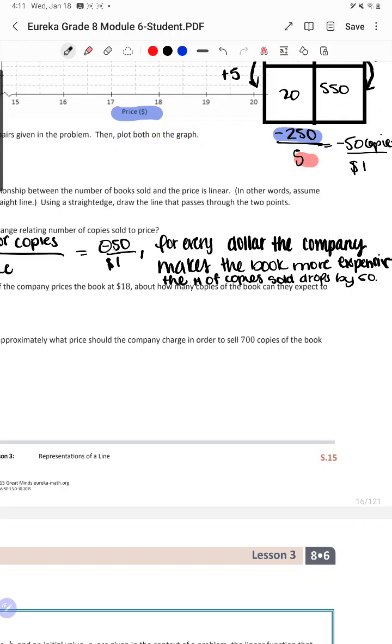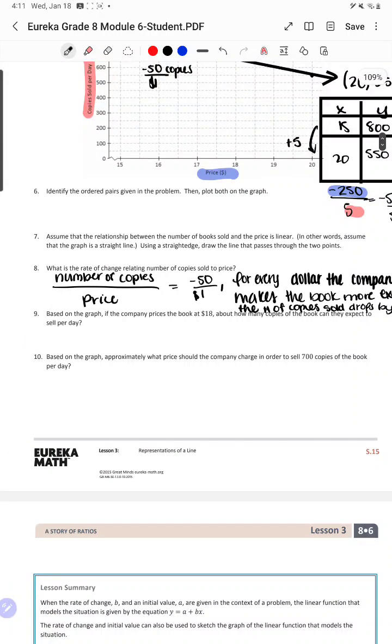Because remember, this is negative, so that's dropping. So for every single dollar that the company makes the book more expensive, the number of copies sold drops by 50. All right, so based on the graph, if the company prices the book at $18, how many copies can they expect to sell per day?